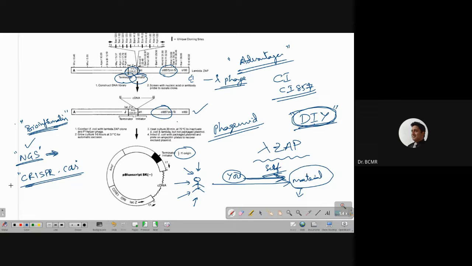And I also want to know: have you learned anything about CRISPR-Cas before in any of the courses? Anybody? Biotech? Yes, please. We have studied it in genetic engineering, sir. Okay, good. How much did you learn of it? The principle behind it, how it is inspired, and then the application.